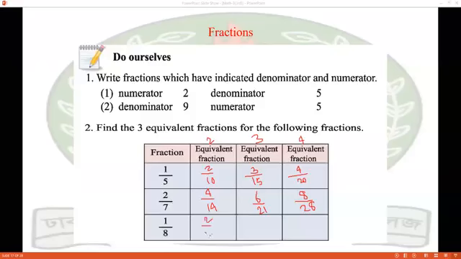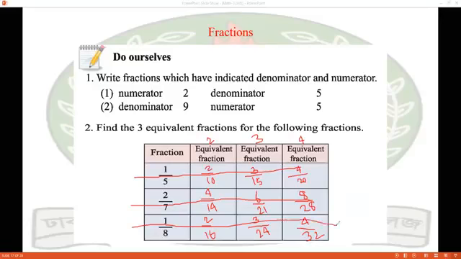Then 2 by 16, 3 by 24, 4 by 32. All 3 are equivalent. In this line, all fractions are equivalent. In this, the third line, all fractions are equivalent. So in this way we can find the equivalent fractions.